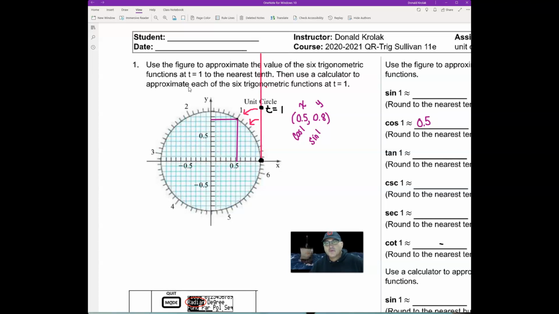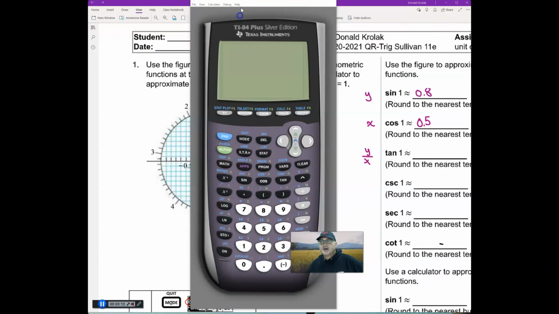So the sine of 1 is equal to 8/10. This was your y-coordinate, this was your x-coordinate when you're on the unit circle. Your tangent is your y divided by your x. So in our case, that's 8/10 divided by 5/10, and that's 1 6/10.